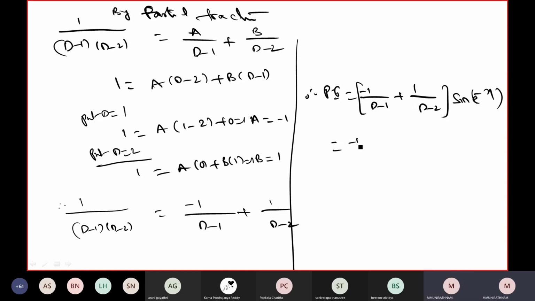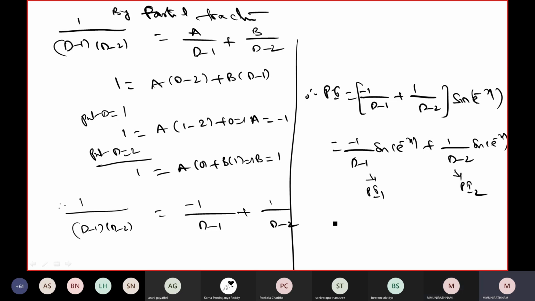This is −1/(D − 1) sin(e^(−x)) plus 1/(D − 2) sin(e^(−x)). Now this is PI1, this is PI2. Consider PI1: 1/(D − 1) sin(e^(−x)).